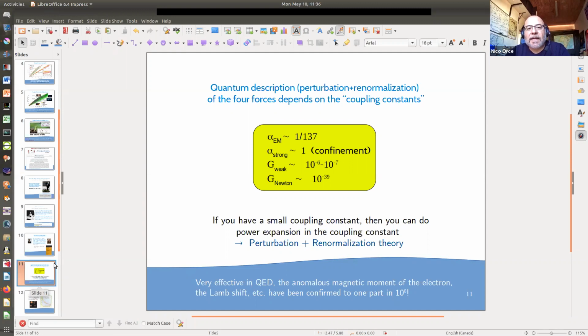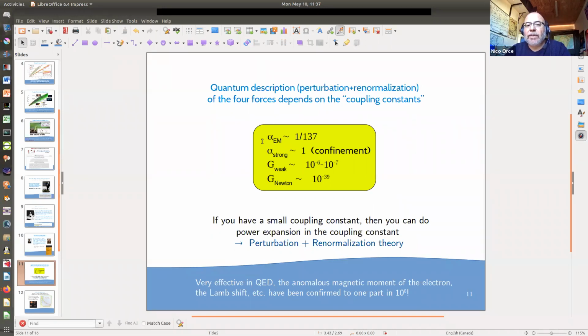Every force has a coupling constant, which tells you how strong or how weak the force is, and allows for a quantum description, which here I call perturbation plus renormalization. But this is a powerful mathematical framework to calculate properties of the weak interaction, of gravitation, electromagnetic properties.